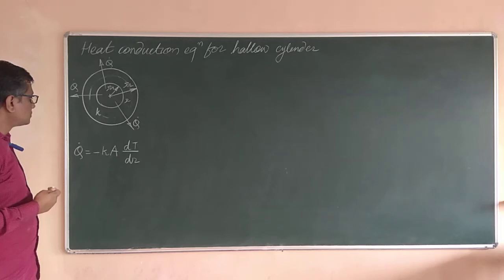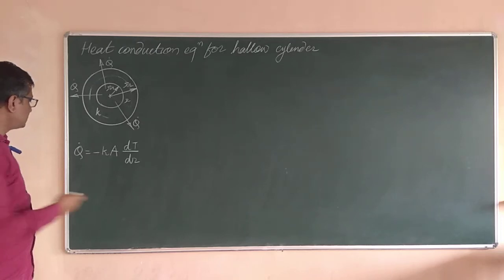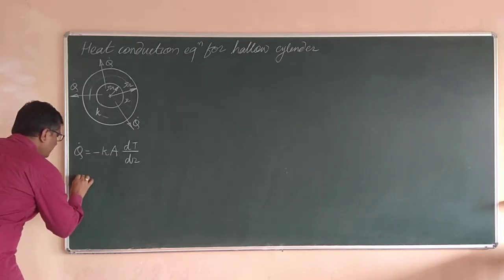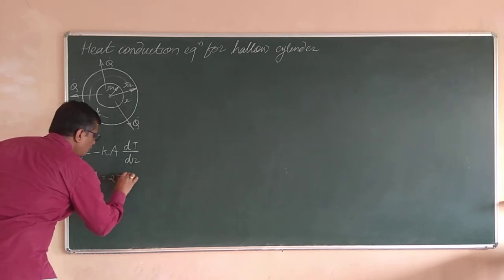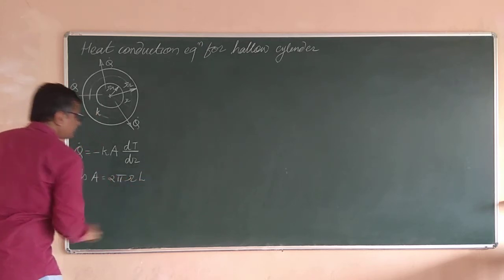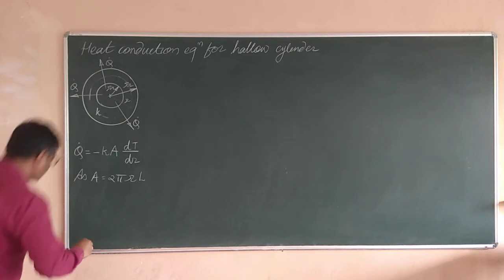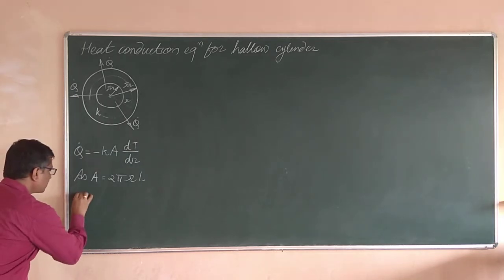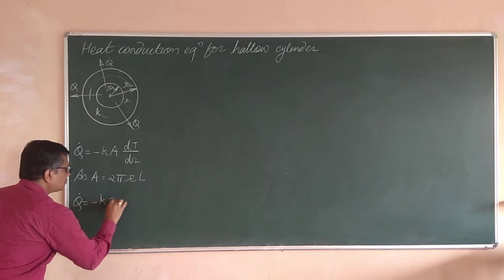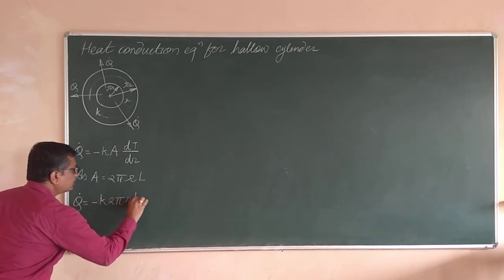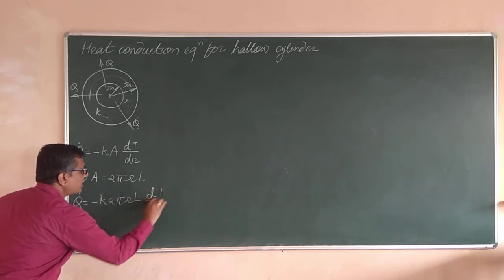So area is equal to 2 pi r L. If I substitute it over here, I will get the equation for Q dot as equal to minus K 2 pi r L into dT by dr.